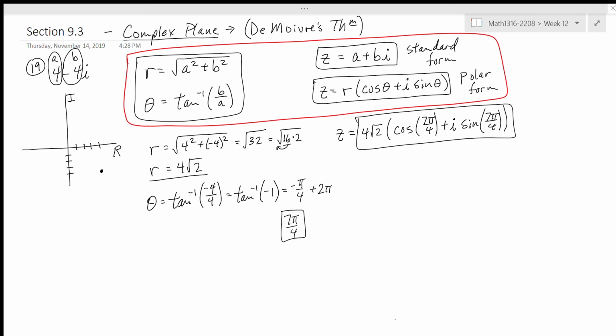Radian mode, yeah, but you also have to be in complex mode, which is mode 2. And then we're going to go 4 square root 2, cosine. Yeah, it has to have both complex and radian. And then cosine. Now keep going.